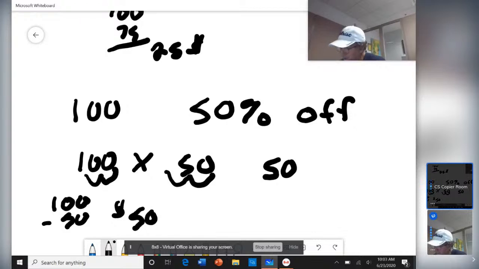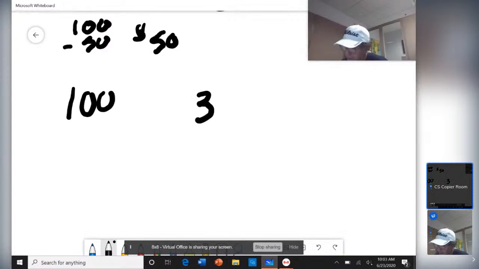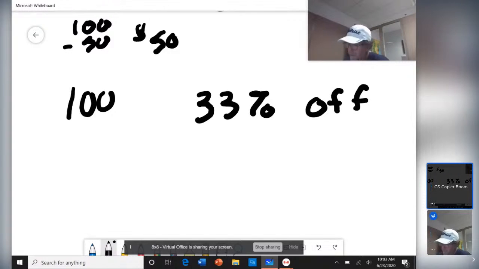Let's do another one. So say your shoes are $100, and they're 33% off. Okay? That's a third off. So 33, 33, and 33, for all intents and purposes, equals 100. It'd be 33.33, but we'll do this a long way.